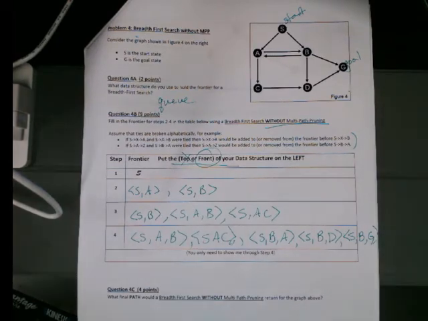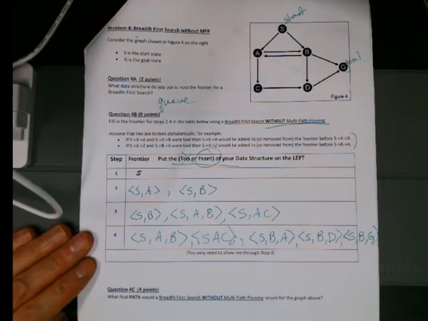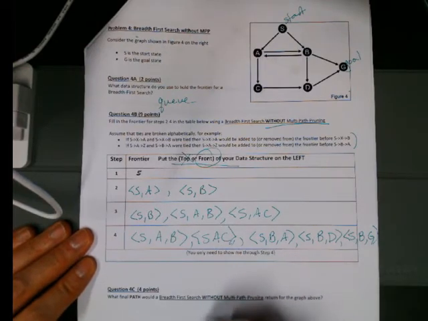I didn't actually expect you to do that for this one because since it's breadth first search without multipath pruning, it's going to find the shortest path, and the shortest path is very obviously this SBG.